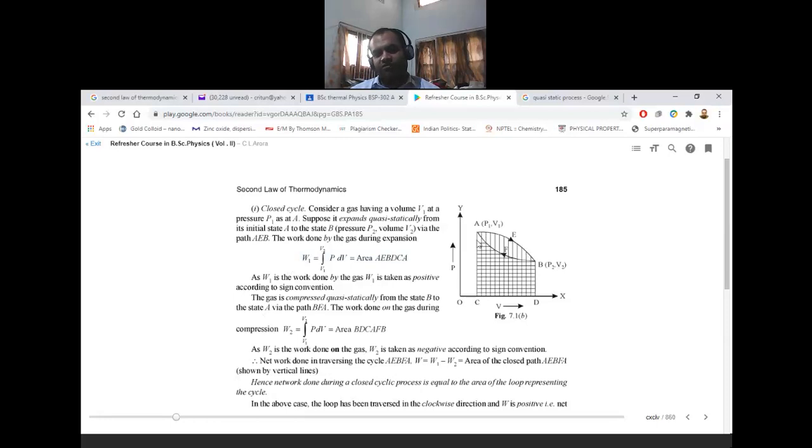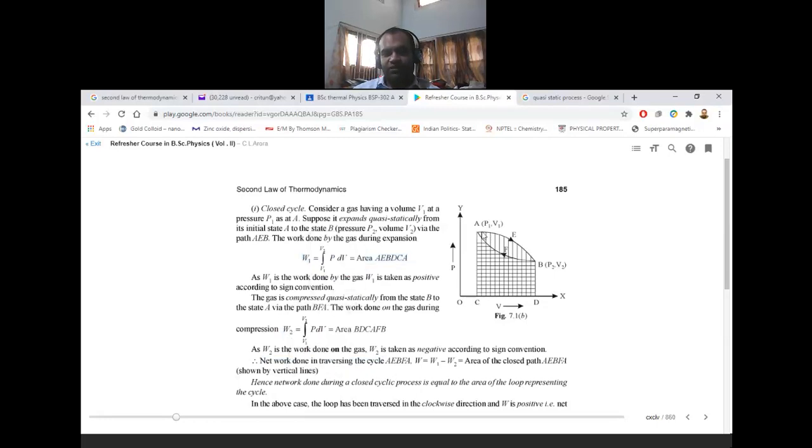So have you understood this? Just now, some moments back, I explained what the work done in a PV diagram is. Then what is the net work done from A to B and B to A?